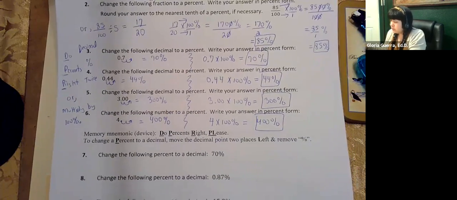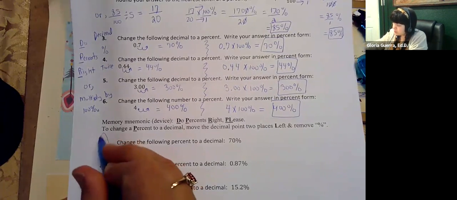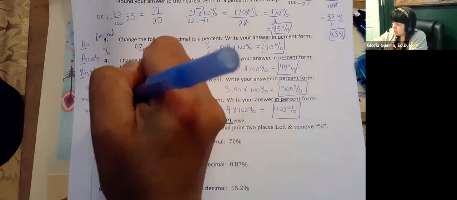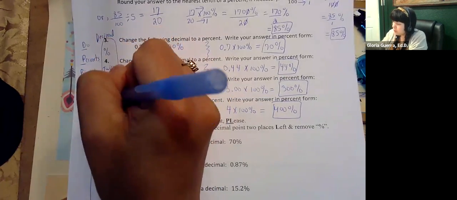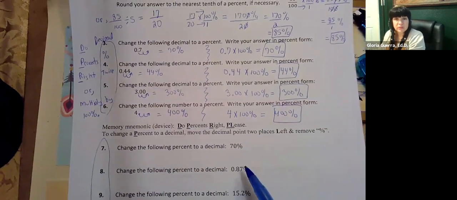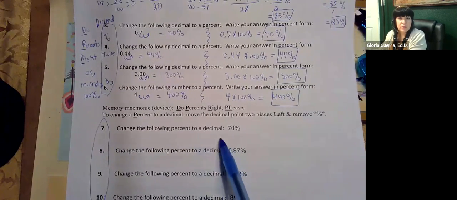Okay, and then on 7 through 10, so this was 3 through 4. Now on 7 through 10, you notice how these are all percents, and you're changing all these percents into a decimal.